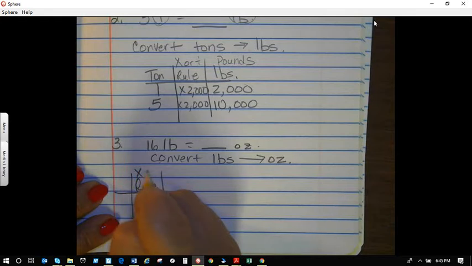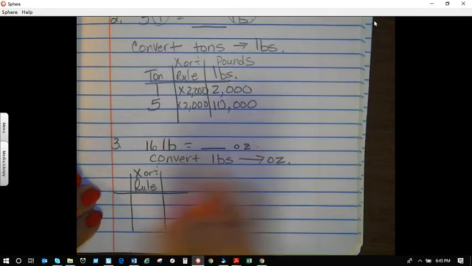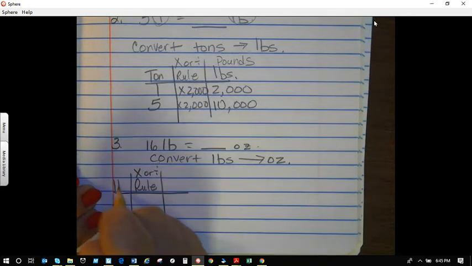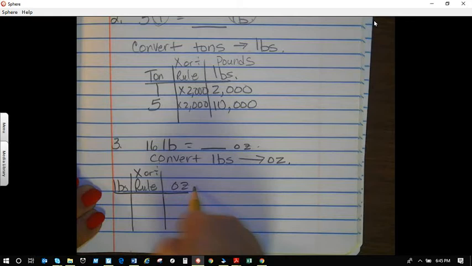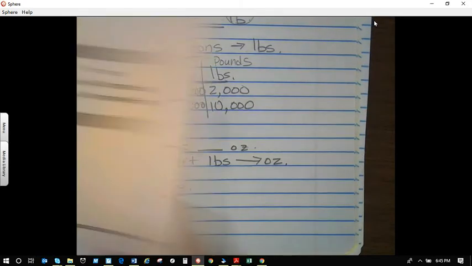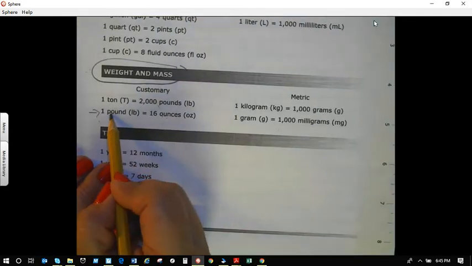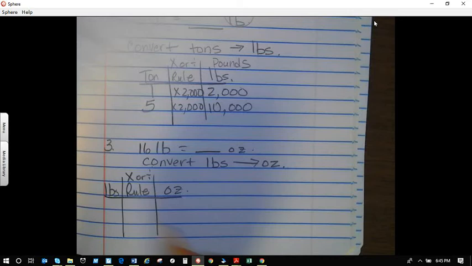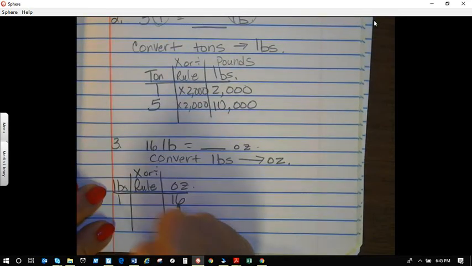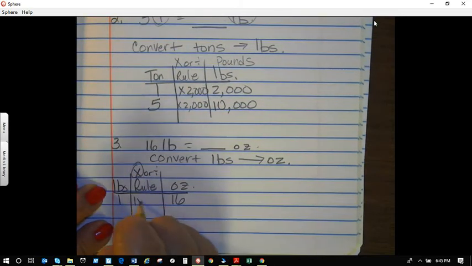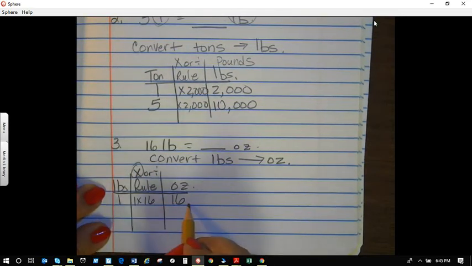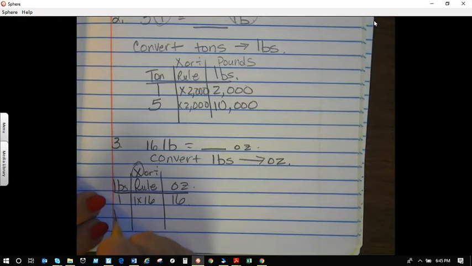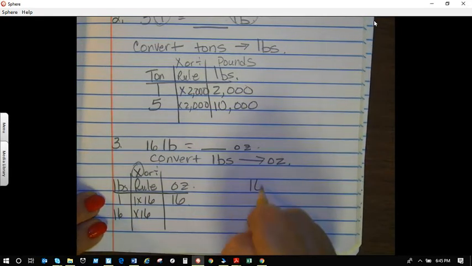Do I multiply or do I divide? Simply reminding you, I'm going pounds to ounces. I'm coming over to my paper. I know that for every 1 pound is 16 ounces. So 1 pound is 16. I have to multiply 1 times 16 to get to 16. Well, now I have 16 pounds times 16.